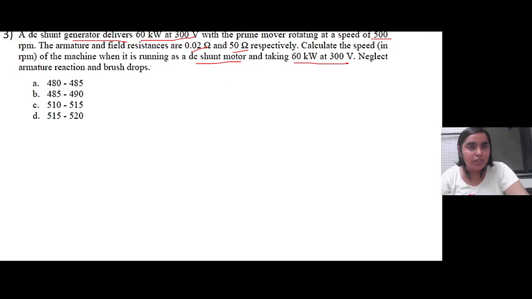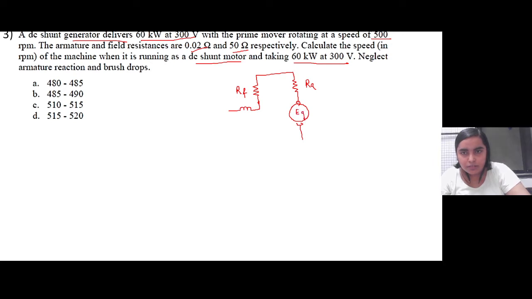So let us first look into the DC shunt generator, for which the parameters are given. In case of the generator, let this be the resistance of the field winding, this is the resistance of the armature winding, and this is the generator. Since this is a generator delivering a load, the current direction will be IL.